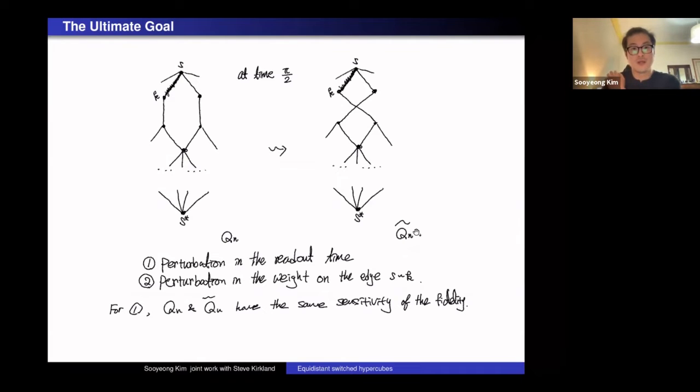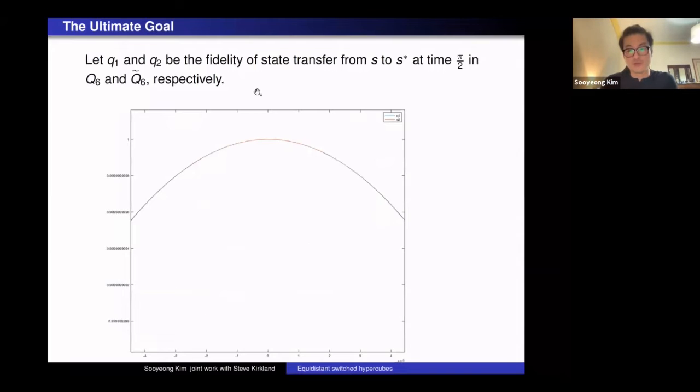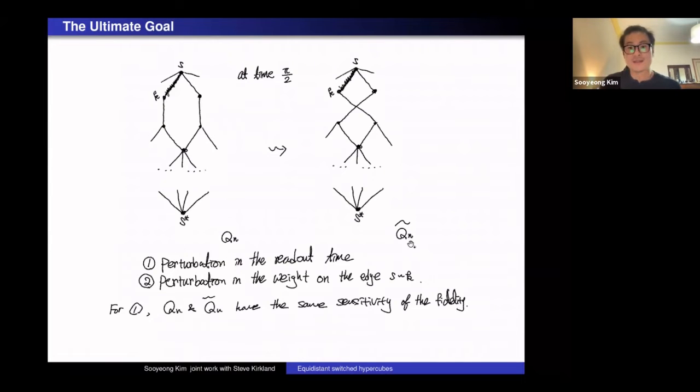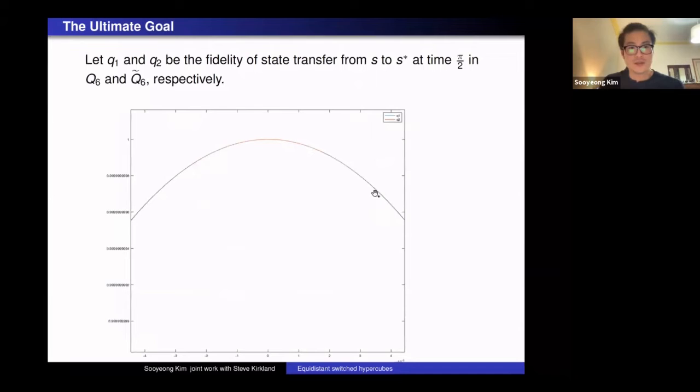So this is our observation, and we want to prove the insensitivity of Q tilde N about these particular edges. Let's consider this graph. Q1 and Q2 are both functions of the fidelity of state transfer from S to S star at time pi over 2, especially for the particular hypercubes Q6 and Q tilde 6.